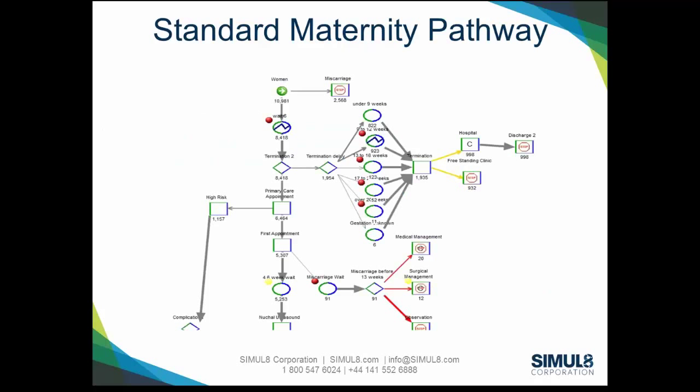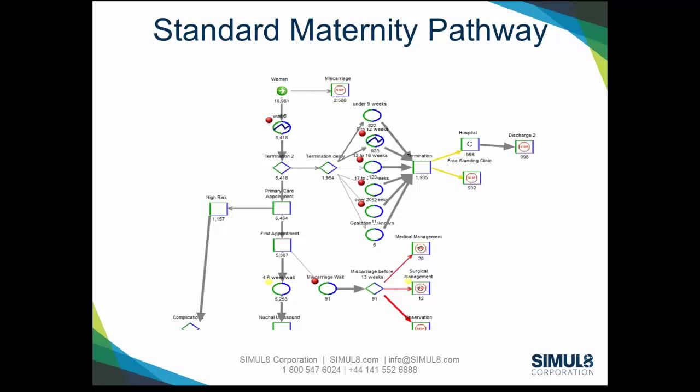Going back to that maternity pathway that we looked at when we looked at the population simulation, we had two pathways here. This is the start of the standard maternity pathway where people move through. There'll be a proportion who are high risk, but actually those will be relatively low, and people will be receiving regular appointments as part of their antenatal care.